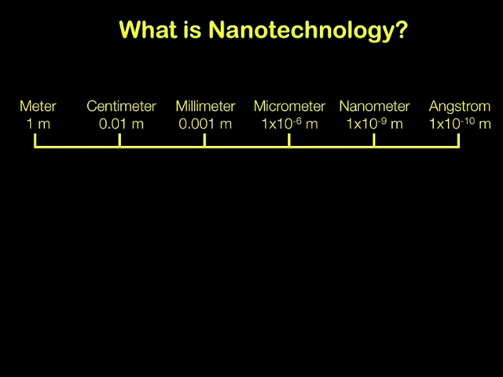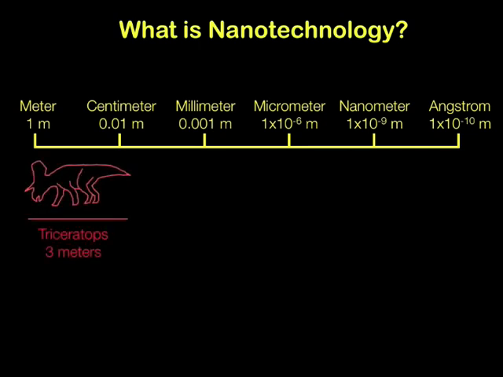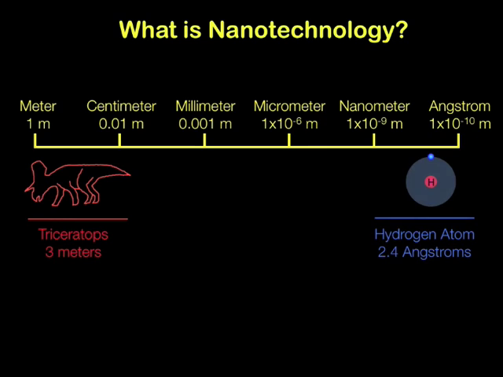For anyone who loves dinosaurs, a triceratops was about 3 meters long, so we'll put that at the large end of the scale. At the other end of the scale, we have a hydrogen atom, which is a main component in a water molecule. That's about 2.4 angstroms in diameter, so quite a bit smaller.